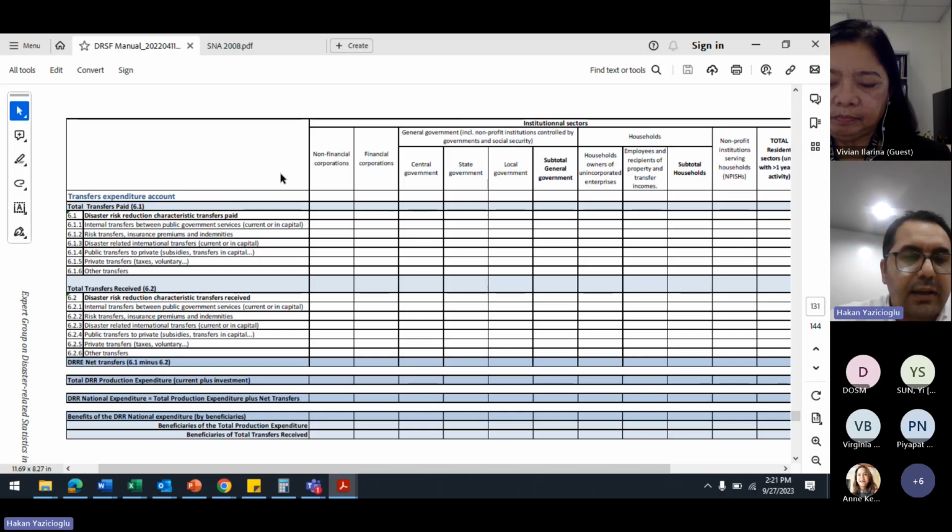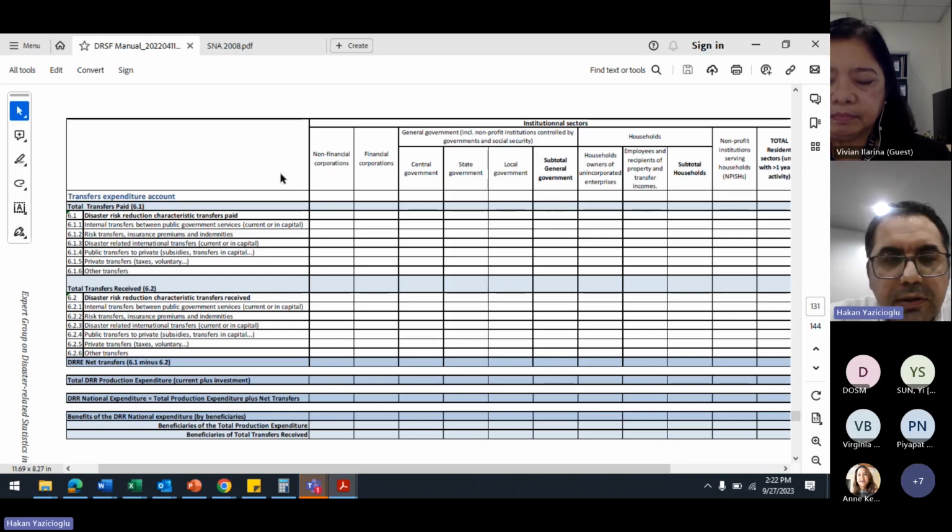And also we can get information from this table, like disaster risk expenditure by type of disaster risk reduction activity, like disaster preparedness, recovery, reconstruction, and also we can have information on the values of transfers from central government to local authorities, or transfers from international donors to the country. Actually, the structure of the table and the outputs of the tables can be summarized like this.